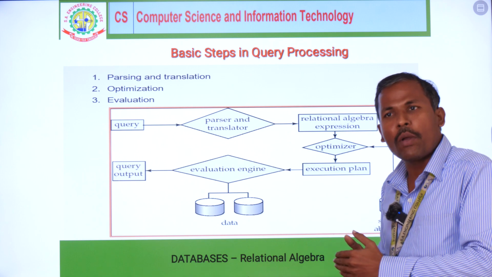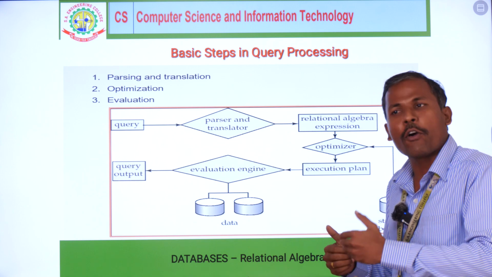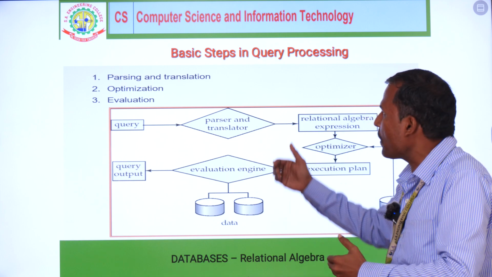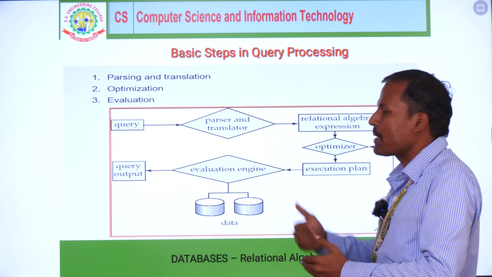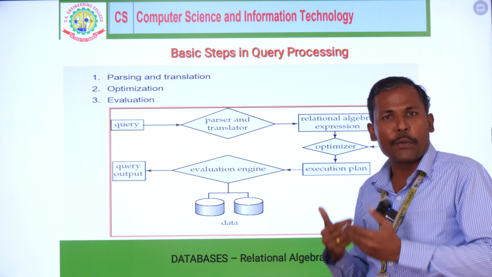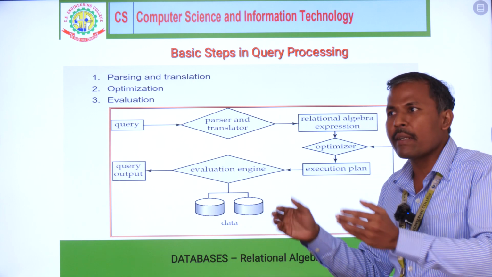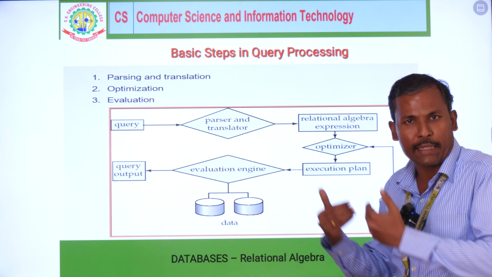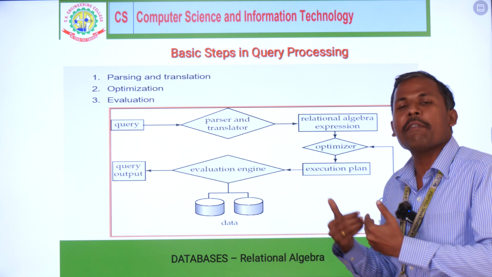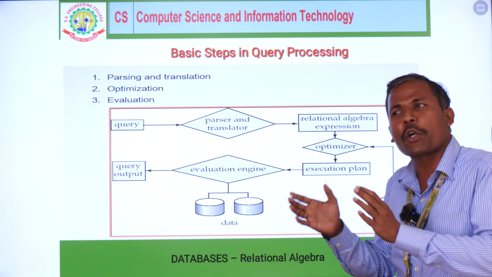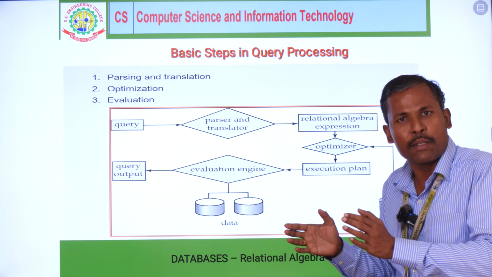All SQL queries are finally processed into machine level language, and these are the steps involved in processing a SQL query. As an end user, I just give a query and the database returns me the data. For example, I have a table called student, and I want to retrieve all information about all students from the table student.